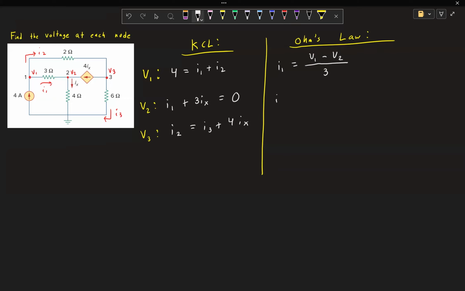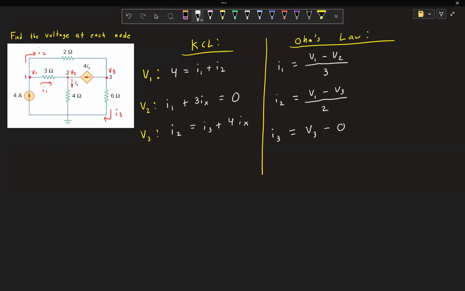And then we can do the exact same thing for I2. It starts at V1, it ends at V3, divided by 2. I3 equals V3 minus 0. This I3 goes from V3 to ground, and ground is 0.